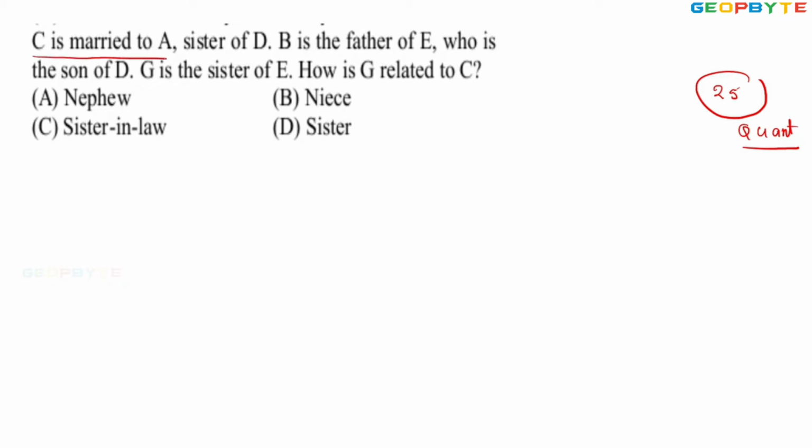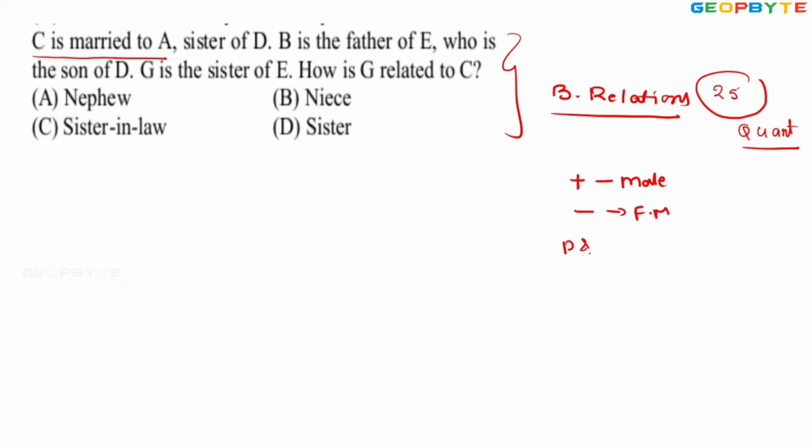C is married to A. So this concept belongs to blood relations. First of all, in blood relation, for our convenience, plus symbol is male, minus symbol is female.